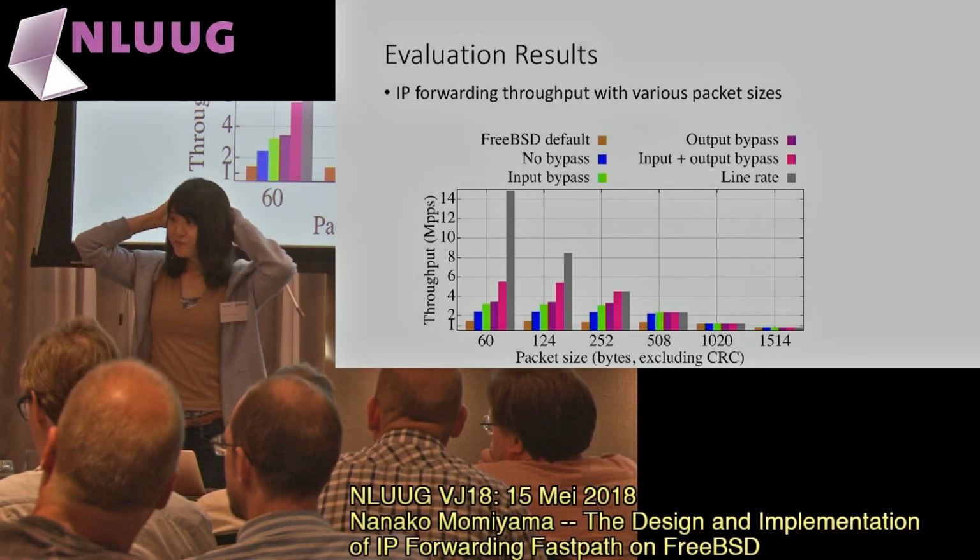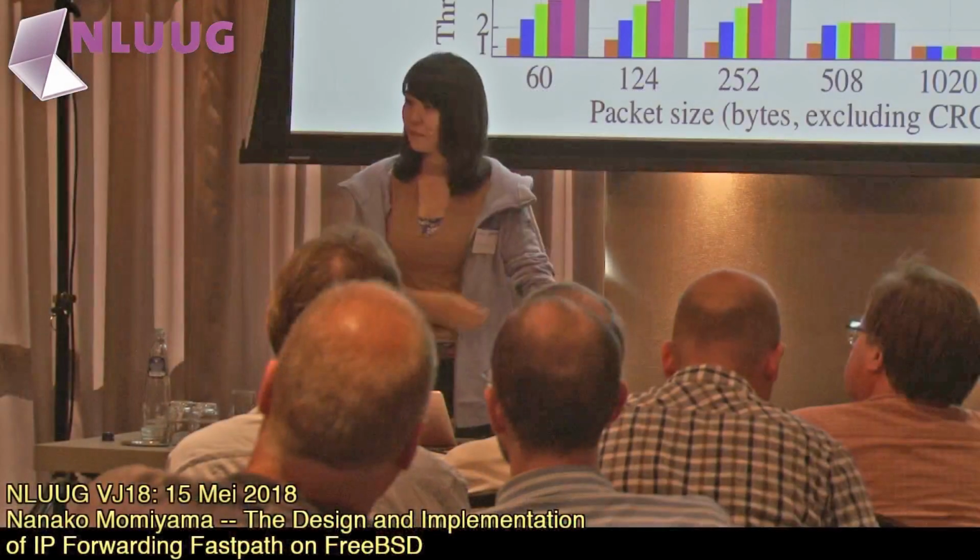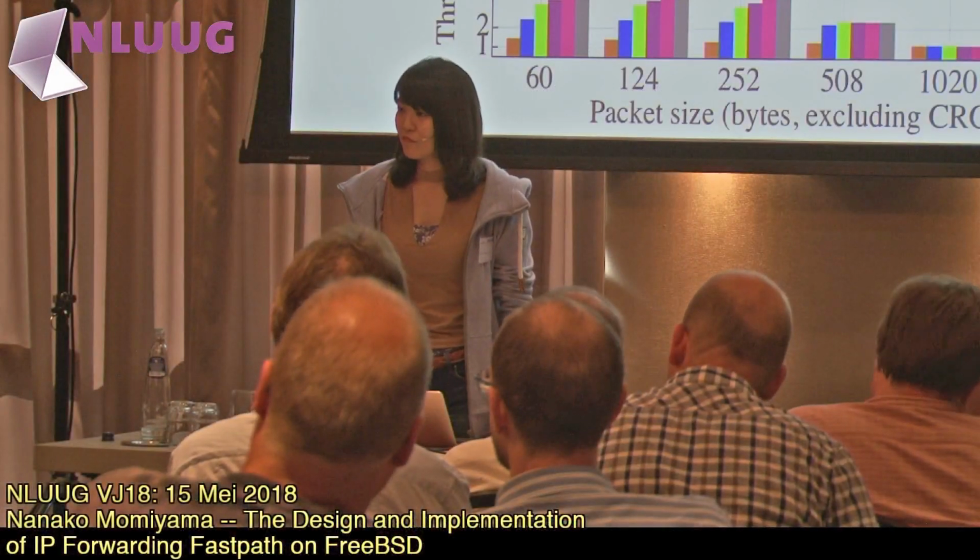I have one question. The default layer 2 functions in FreeBSD, do you have any idea why they are so slow?